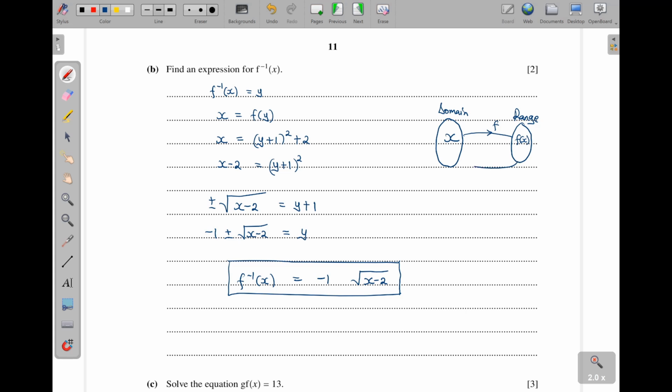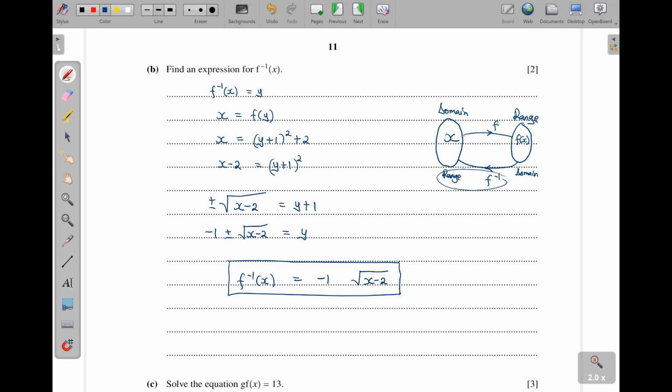And what takes this one back here, what undoes what the function has done, is the inverse, right? So what you put in the function is always the domain. So the range of f is actually the domain of the inverse. The domain of this inverse is the range of f.